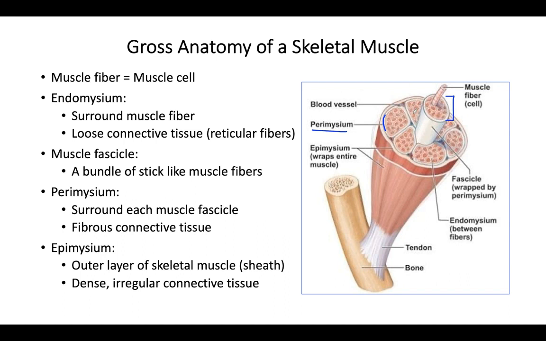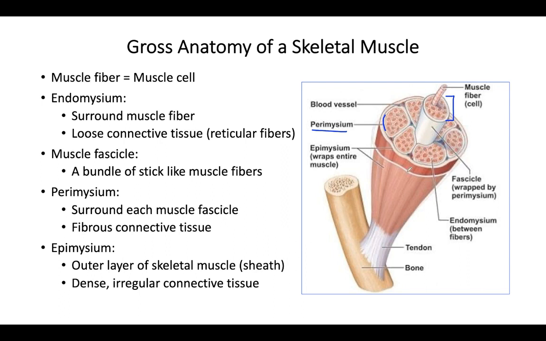There are several muscle fascicles, each surrounded by perimysium, and the entire muscle is surrounded by an outer layer, a kind of sheath.